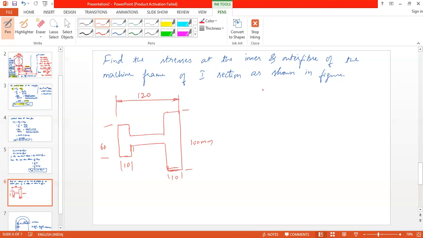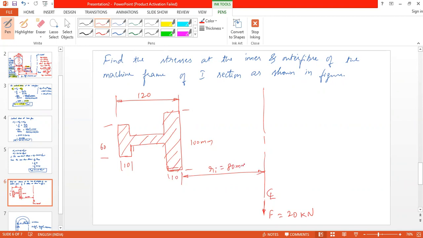And the load line and the center line of curvature both are on the same axis. So this is the center line and this is itself the load line, that is load is 20 kilonewton. And the Ri is given as 80 mm. So now find out the stress at the inner fiber and the outer fiber.